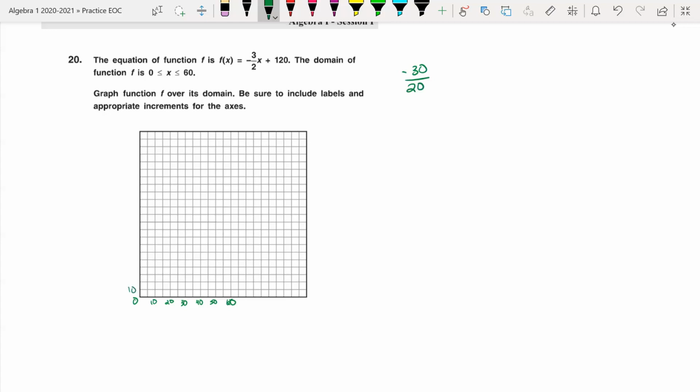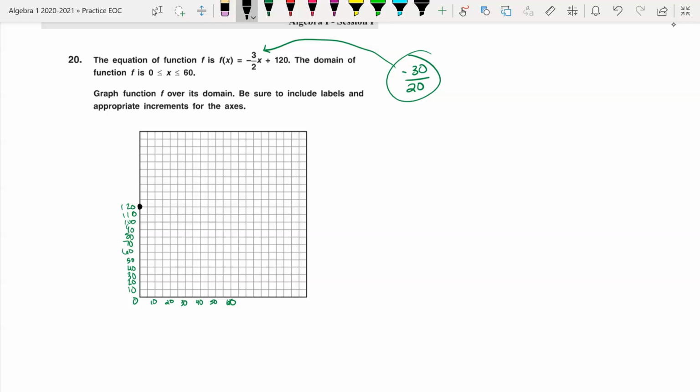So I'm going to count by 10s over here to get to that 120. So again, the reason why I changed the slope to negative 30 over 20 is because that simplifies to negative 3 over 2. But I want to count by 10s because that's what I chose to count by on my axis. So it's just a little easier.